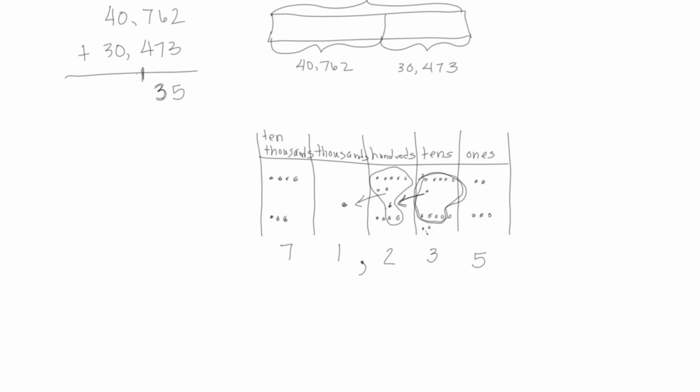And again, 10 hundreds is equal to 1,000, leaving me with 2 hundreds here. Now in the thousands place, I have 0 plus the 1,000, and 4 plus 3 is 7. So tape diagram, place value chart, standard form, standard algorithm.